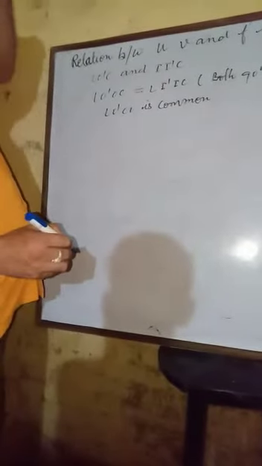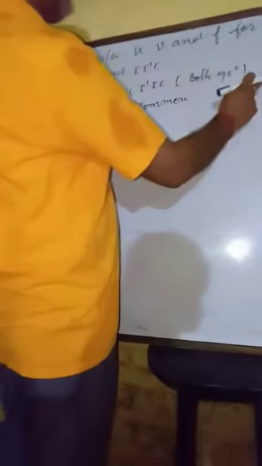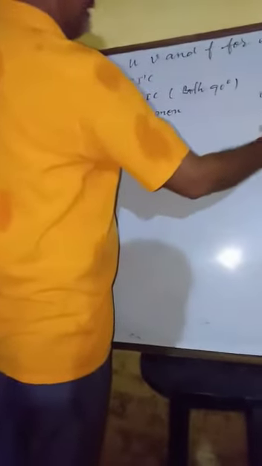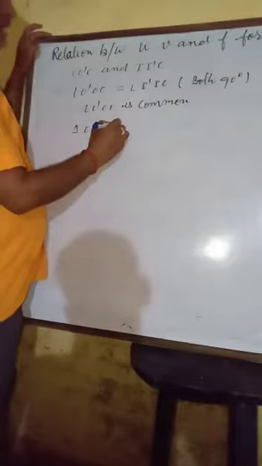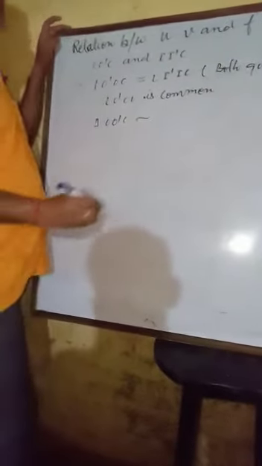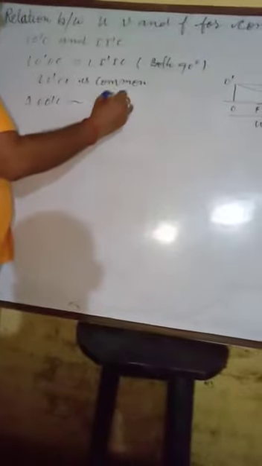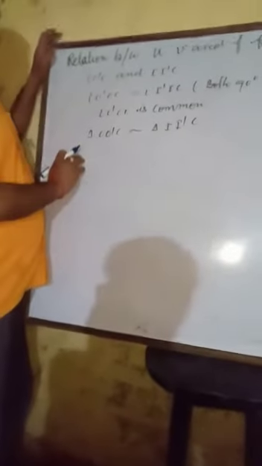Thus it is clear that triangle O dash OC is similar to triangle I dash IC.